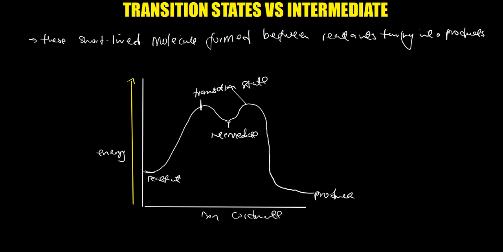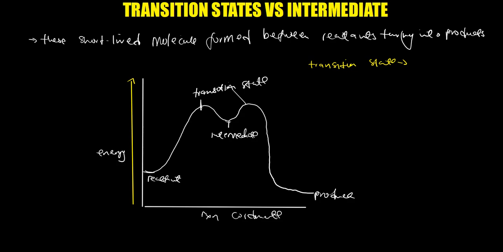We can say a transition state is just a theoretical structure which is too unstable to observe. All right, it is too unstable to be observed because it has its maximum energy.